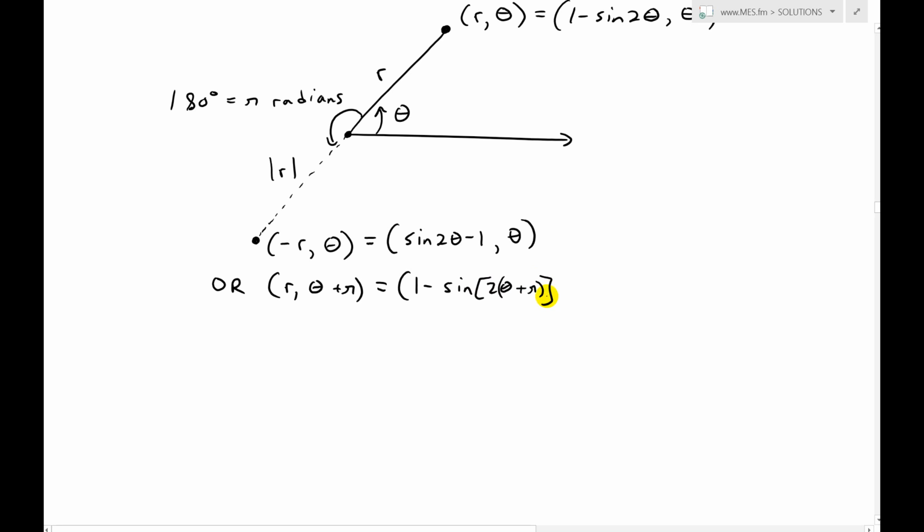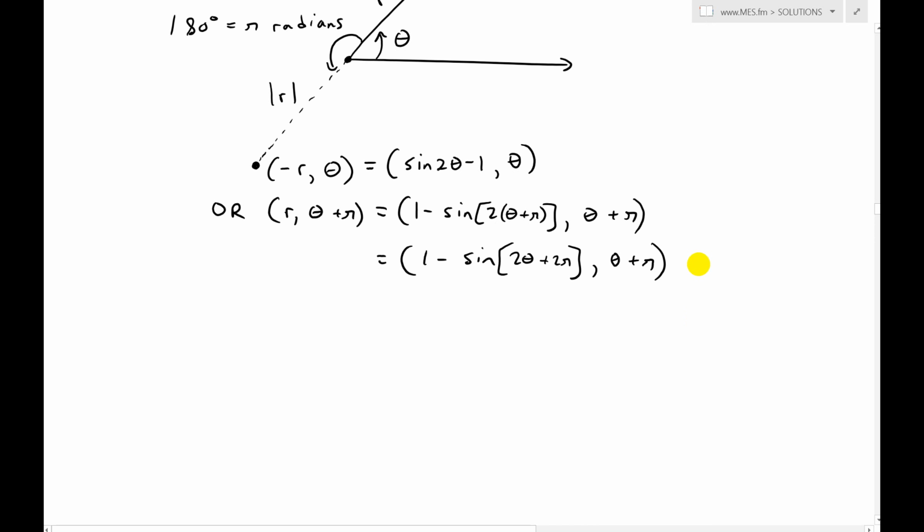If you simplify this further, this just equals 1 minus sine of 2 theta plus 2 pi, and I'll put this in square brackets, because we have these ones in round ones like that.